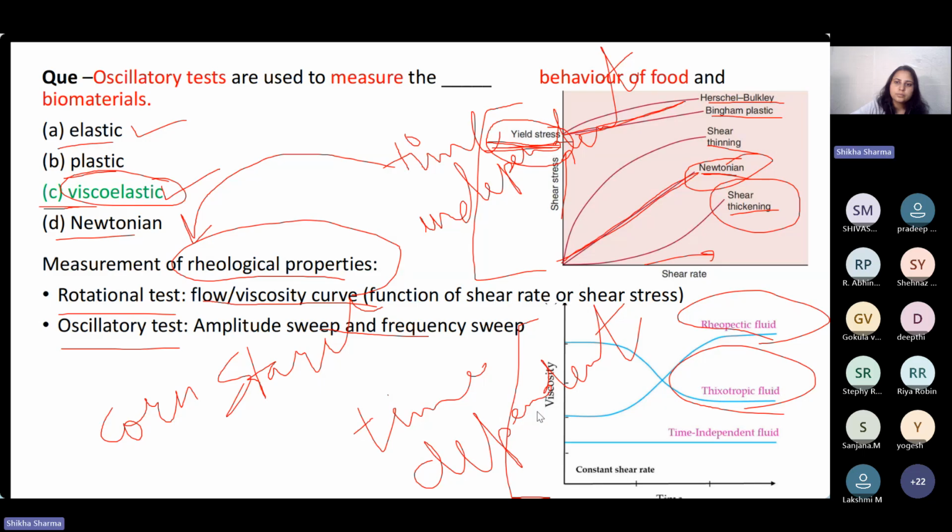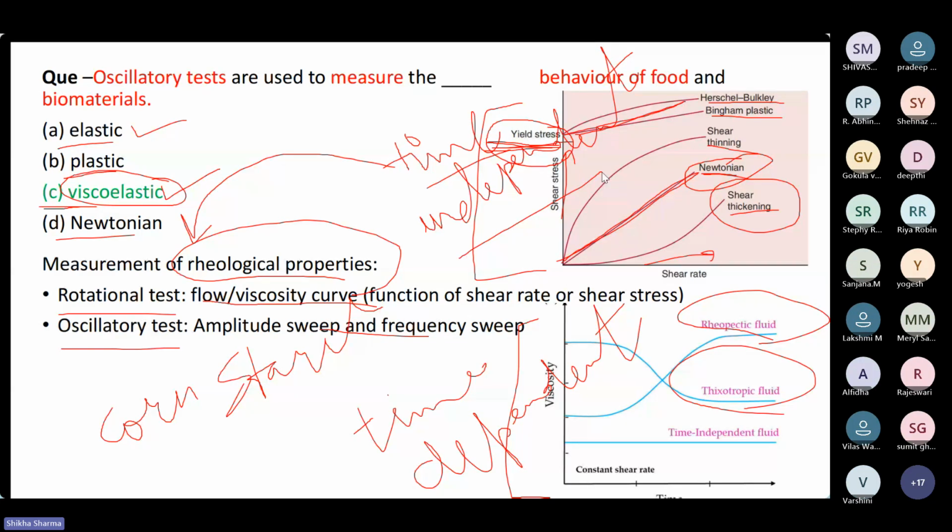There are different terms in both graphs. Yes, because the first graph is time independent. When we are not taking time into consideration, then the relation between stress and strain will give certain kinds of behaviors of the fluid, which is depicted by the first graph.